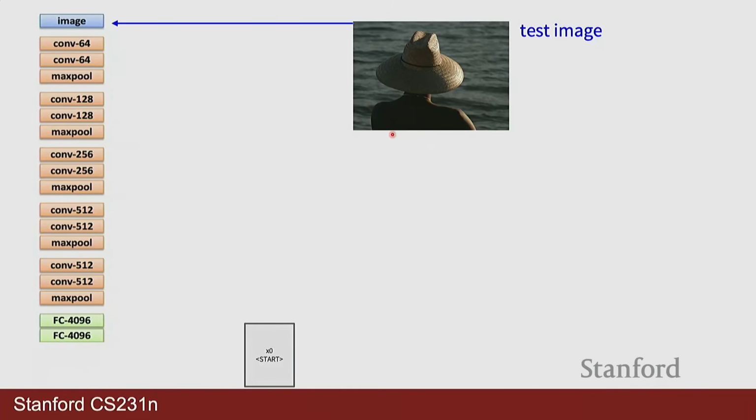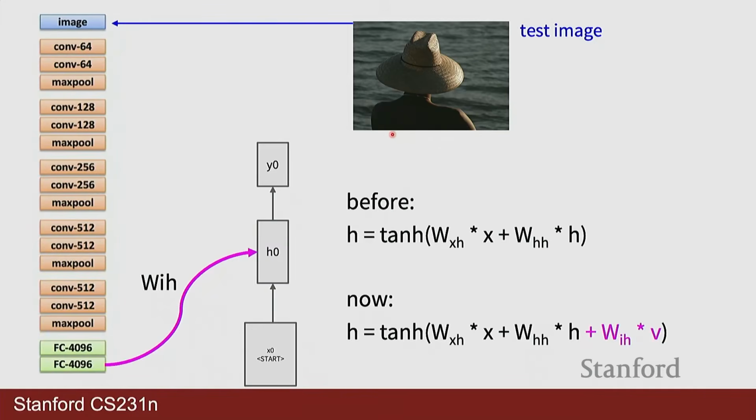So we use the second to last layer, and then we can start using this as input to our hidden state. And now our hidden state is also a function of this WIH value here.